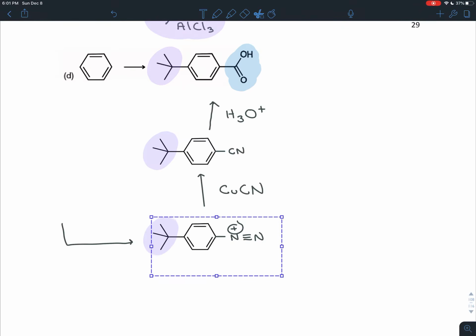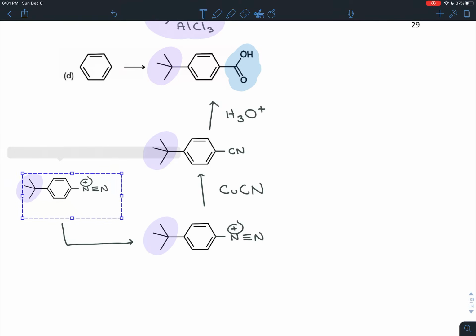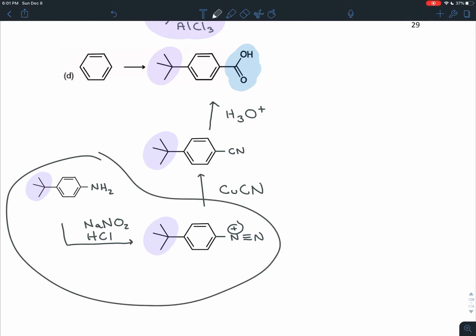So if we had the same molecule, but instead of the diazonium ion, we had a primary amine, an NH2, well, then we could add sodium nitrite and HCl, that classic recipe, and get the diazonium ion out of it.